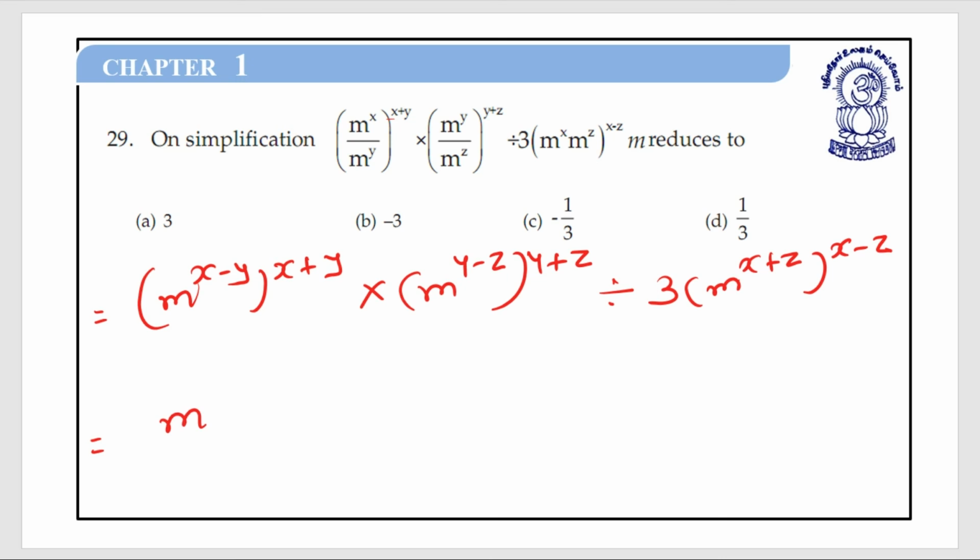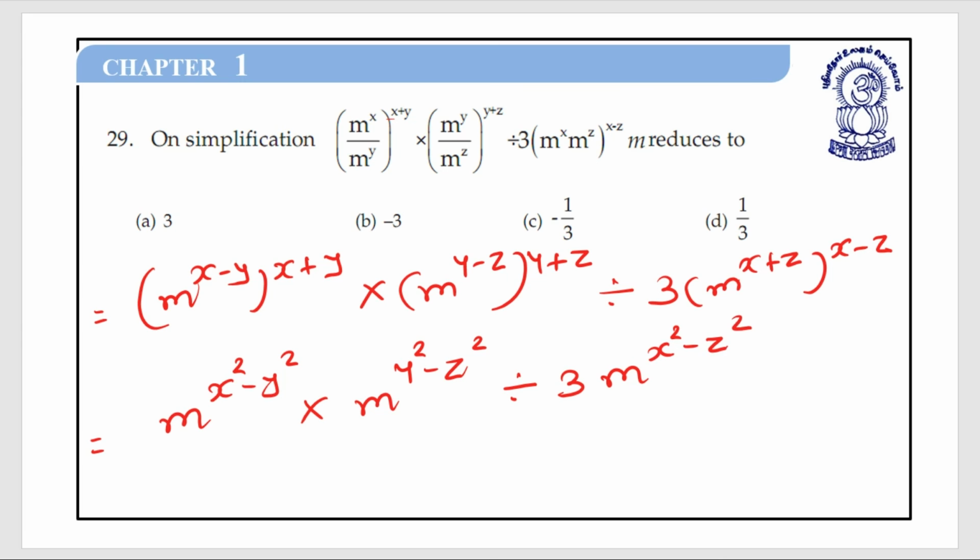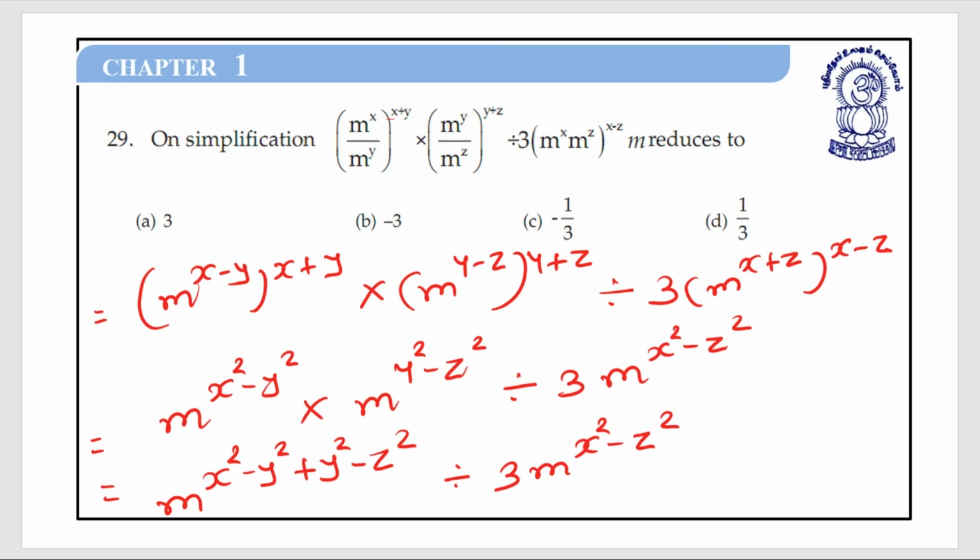So here m raised to x square minus y square, we can write, into m raised to y square minus z square, divided by 3, m raised to x square minus z square. Here again base same, so we can write x square minus y square plus y square minus z square divided by 3, m raised to x square minus z square.